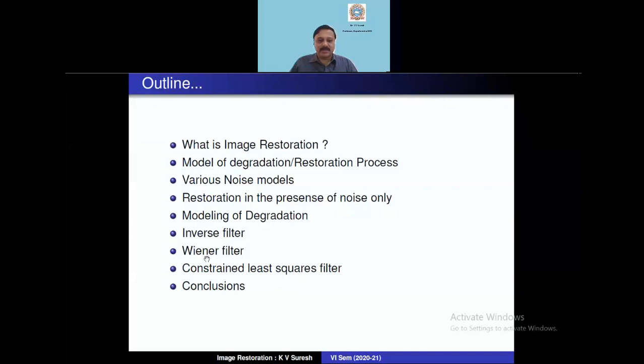There is a specific type of filter called the Wiener filter, which is an advantage over an inverse filter. We'll discuss it, and we will extend that to learn about the constrained least squares filter. These are the topics that we are going to cover in this unit.